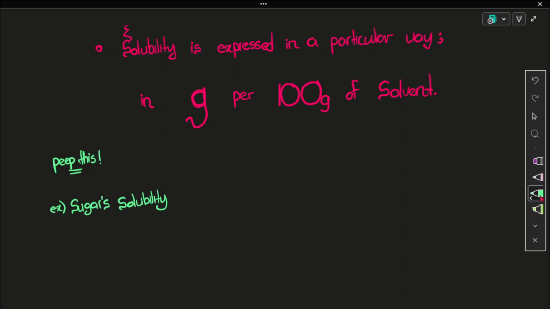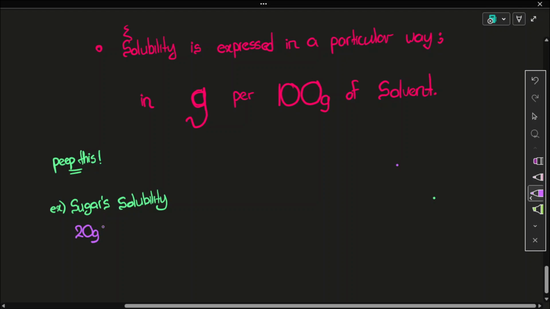Here's the solubility of sugar in figures: 20 grams per 100 grams of water. That is sugar's solubility. Okay, let's try to make sense of these values.